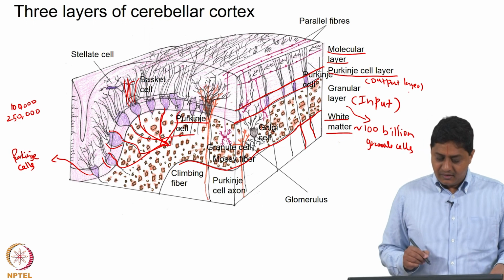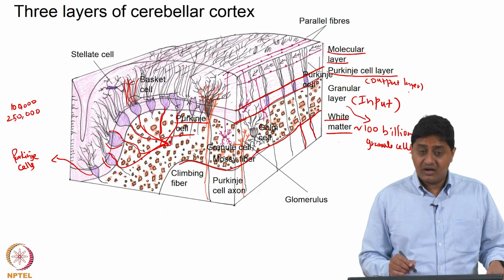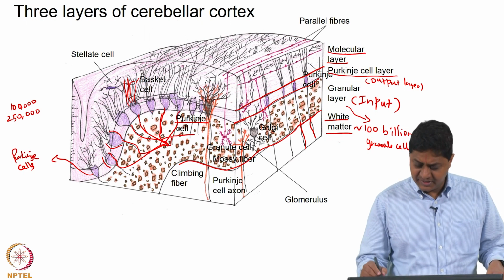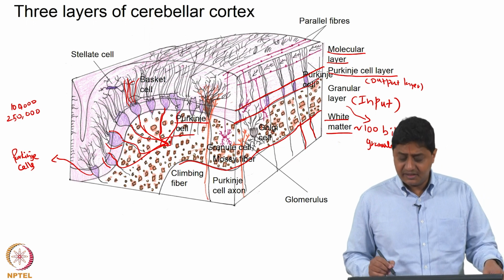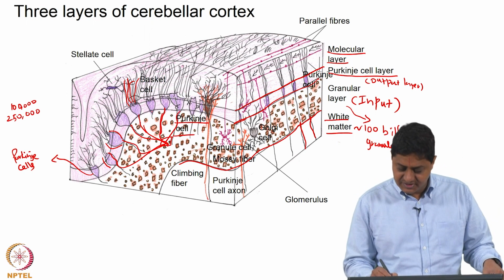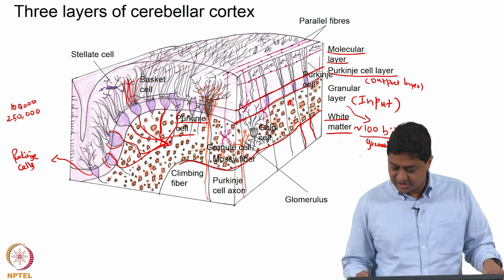In the molecular layer, what you have are dendrites of the Purkinje cells, and the axons of the granule cells. The granule cells, we said, are a very large number.